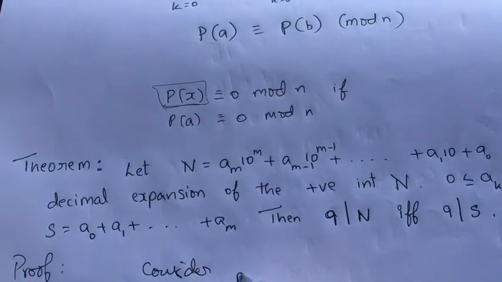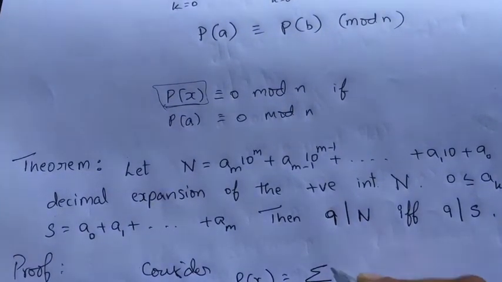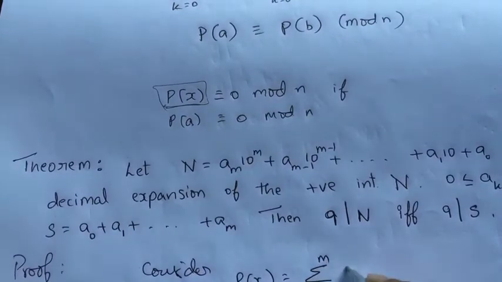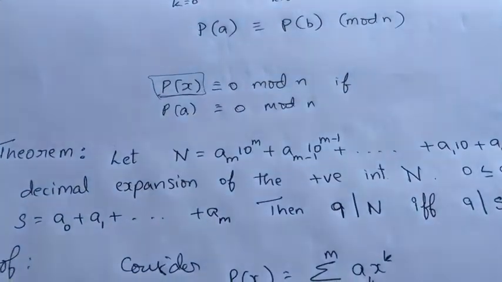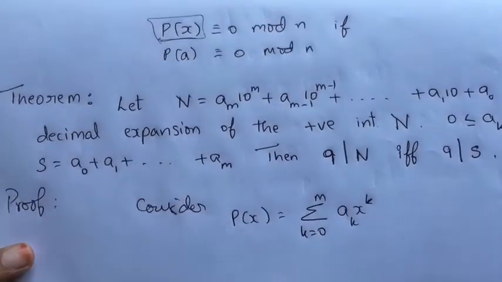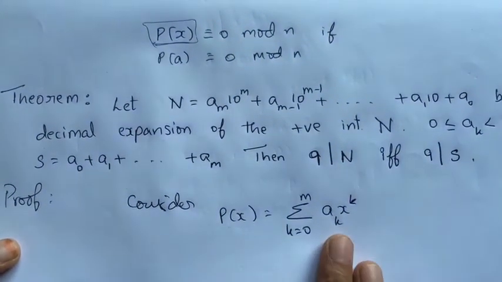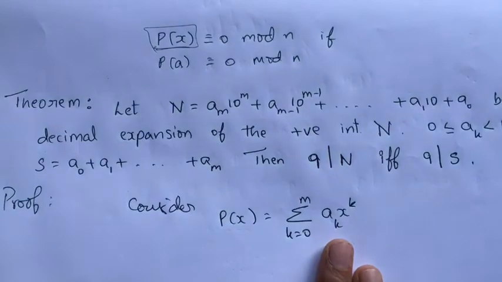Consider the polynomial function p of x equal to the summation k ranging from 0 to m of ak x power k, a polynomial function with integral coefficients.